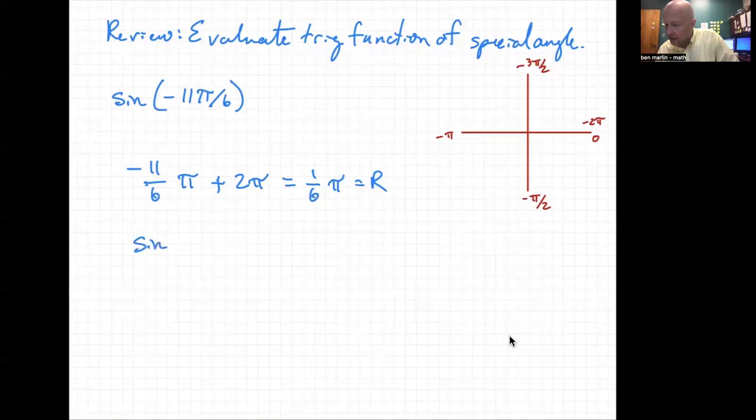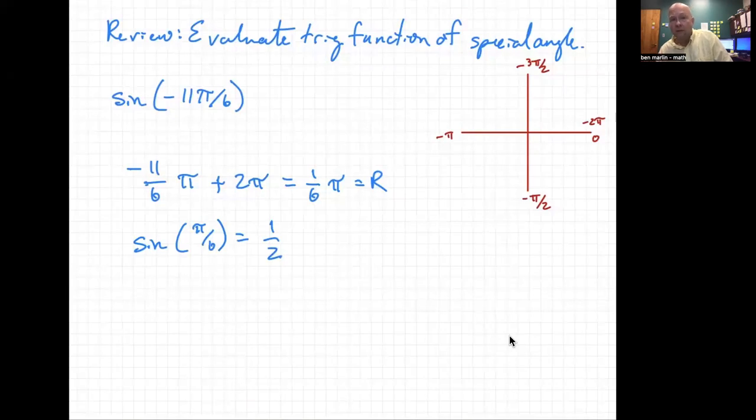The sine of pi over 6 is one you've memorized. I've advised you all to go ahead and get a sticky note and just write down this chart, because these special angles we're going to use over and over again. The sine of pi over 6 is 1/2, okay?